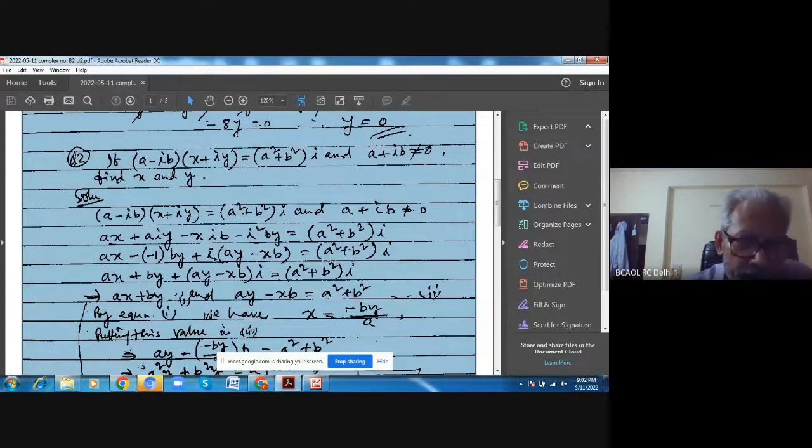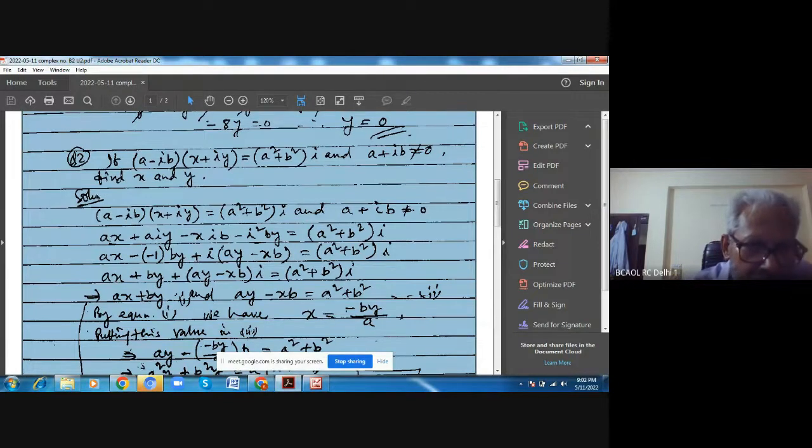Basically, you see what we are doing: multiplication and then arranging the things. Only we apply this formula, iota square is equal to minus 1. Only this we are applying. Before starting this solution, why I discussed all these things, now you can realize: one by one I explained in written form addition, subtraction, multiplication, and the way iota square comes.